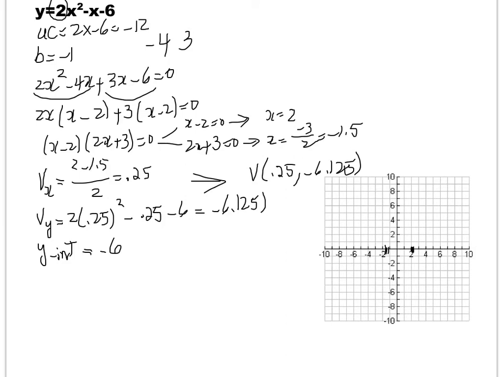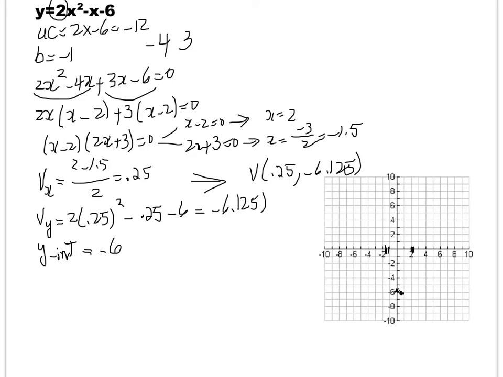The vertex is at 0.25 and negative 6.125, so it's going to be somewhere around here, approximately. The y-intercept is at negative 6, so it's going to be here.